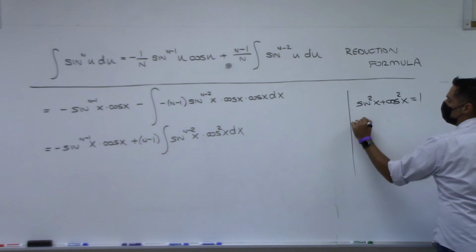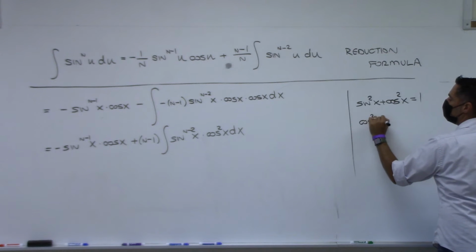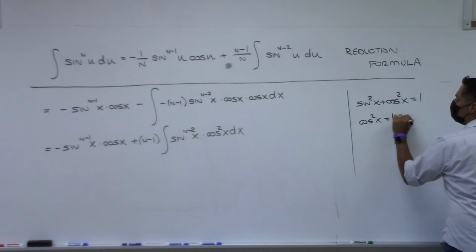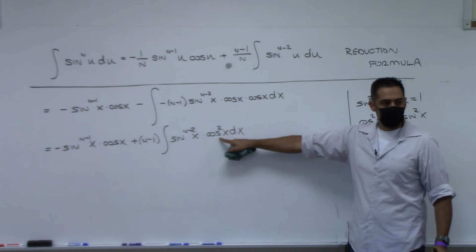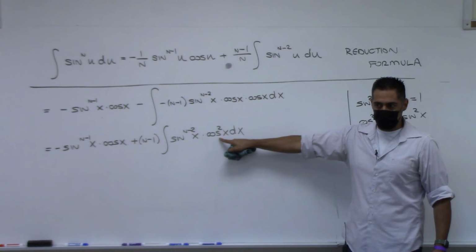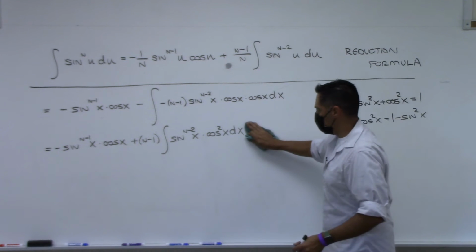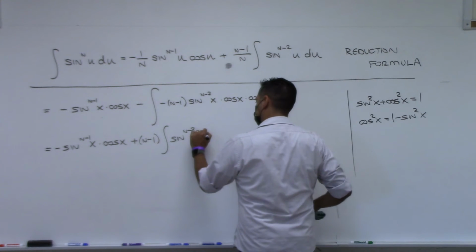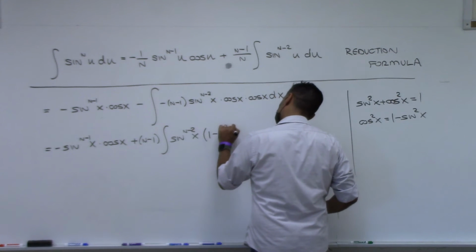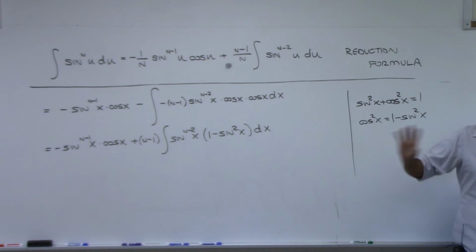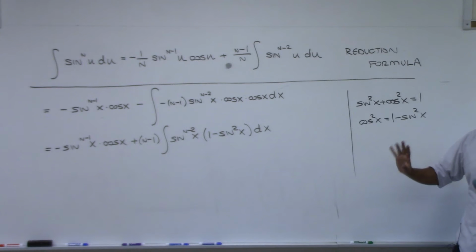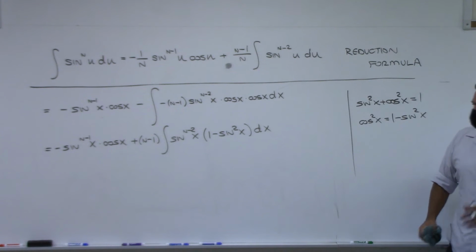So I can solve this for cosine squared x equals 1 minus sine squared x. So I'm going to replace that with 1 minus sine squared x. Now you might be asking why. Why would you do that? Let's just keep going.